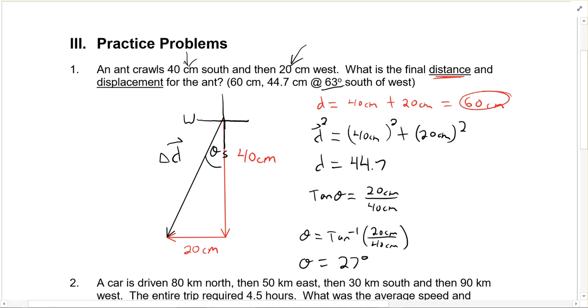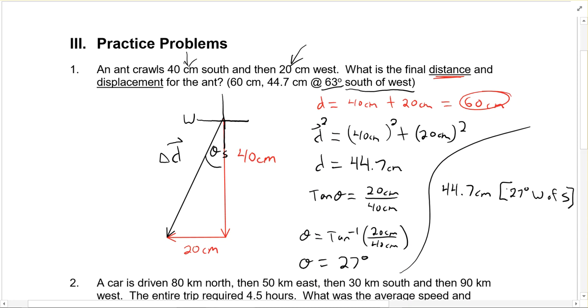So the answer here would be 44.7, forgot the units there, centimeters, and then it's going to be 27 degrees. And now this answer said south of west, but our answer is going to be west of south. And you can see why, because this is the angle that we were talking about, right?